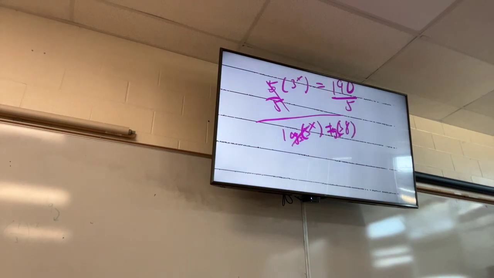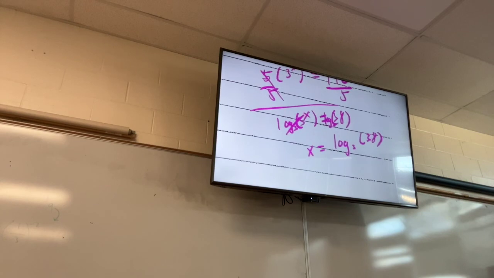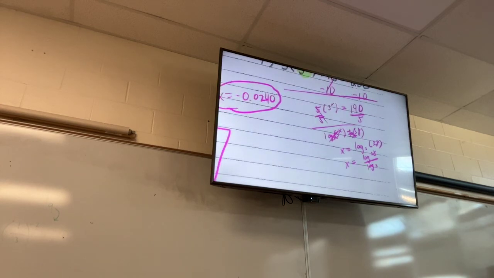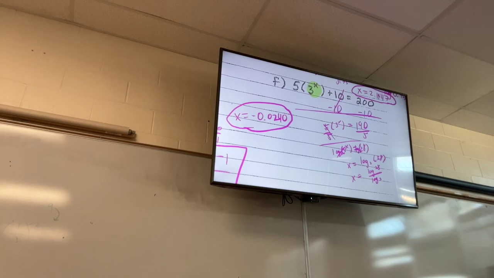So I get x equals log base 3 of 38. How do I rewrite this before I can put it in my calculator? I'm going to do log 38 over log 3, the change of base. It gives me 3.3111.